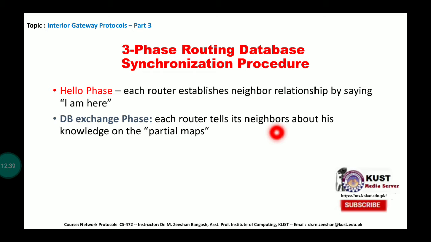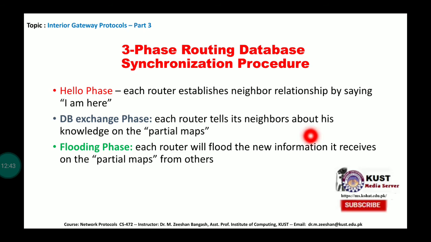It shares this information with the neighbors, and then that is followed by the third phase, which is the flooding phase, in which whatever new information is received by this router, after a specific time is flooded amongst its neighbors, and the new information it receives on the partial map from the others is shared with the neighbors, and that sharing takes place at a specific interval.